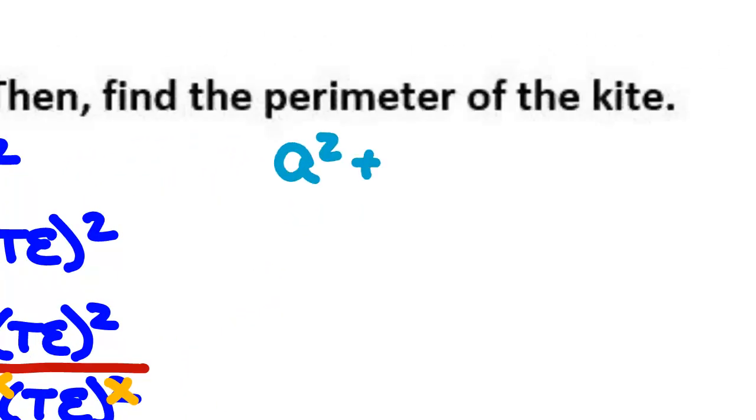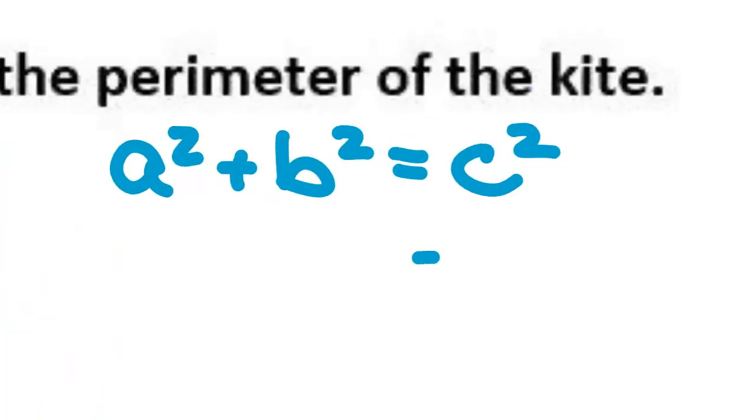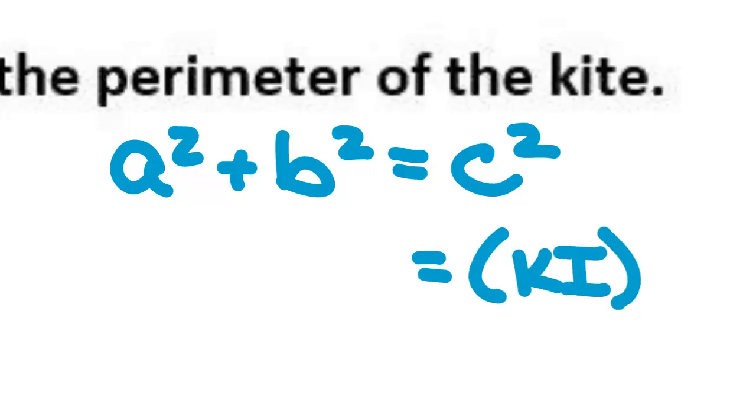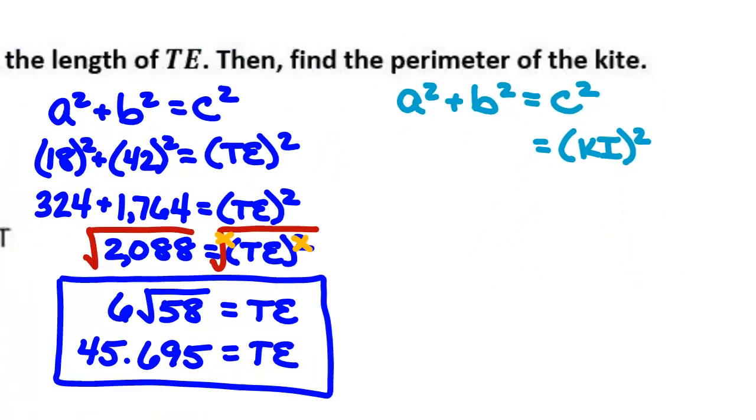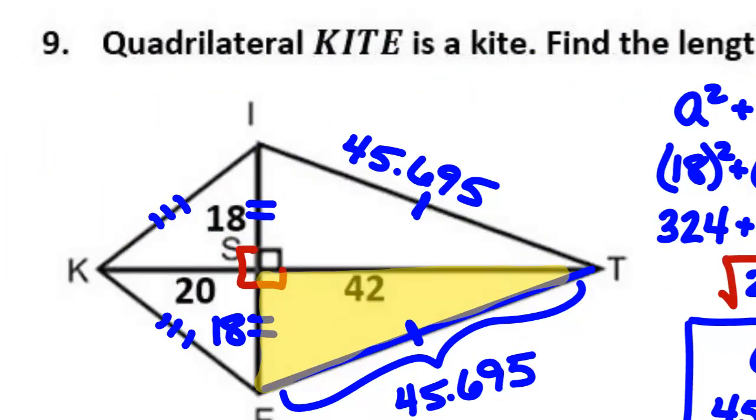A squared plus b squared equals c squared. KI and KE are both hypotenuses, so I'm going to go ahead and go with KI. And I am looking now at this right triangle.